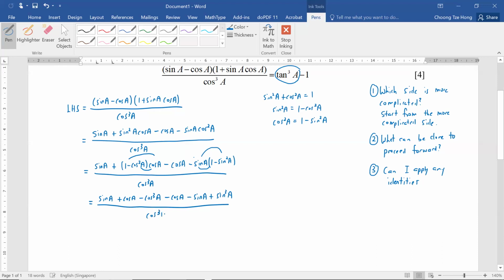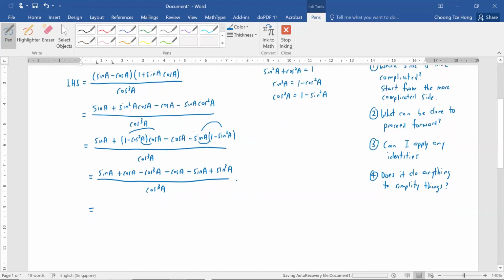cosine cube A. Alright, then every time you perform a step, you've got to ask yourself one question: does it do anything to simplify things? So did the step that you took do anything to simplify things?